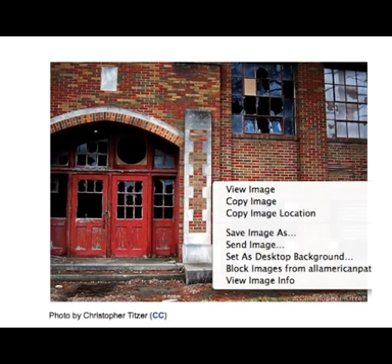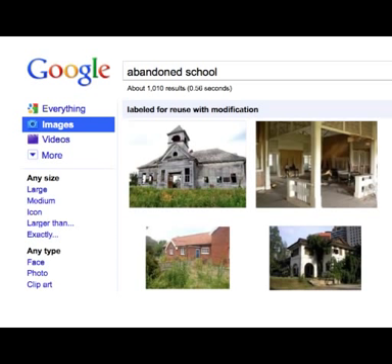Here you can right click and save the image as, or whatever you'd like to do with that image. Again, any size, anything you want. So you can really narrow your search and get what you need. Oh, I got one labeled for reuse with modification, and it comes up to that same school.